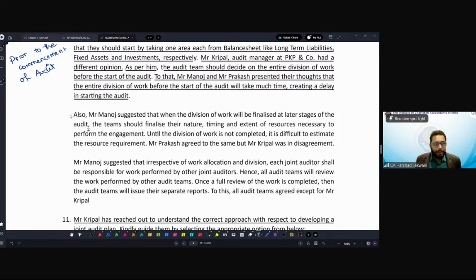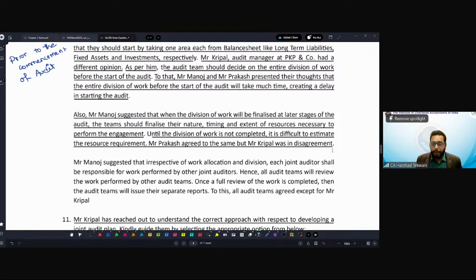Also, Mr. Manoj suggested that when the division of the work is finalized at later stages of the audit, the team should finalize the nature, timing and extent of the resources necessary to perform the engagement. Until the division of work is complete, it is difficult to estimate the resource requirement, and Mr. Prakash agreed to the same, but Mr. Kripal was in disagreement. So what do you think?